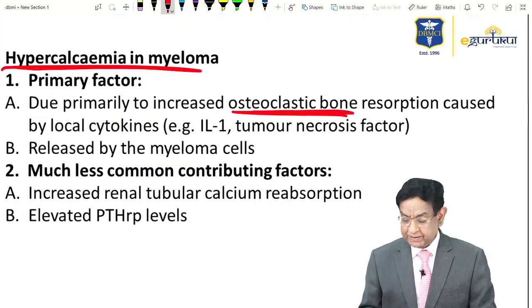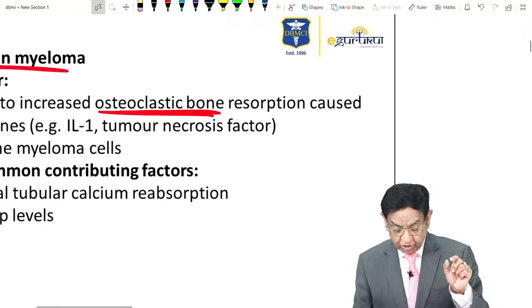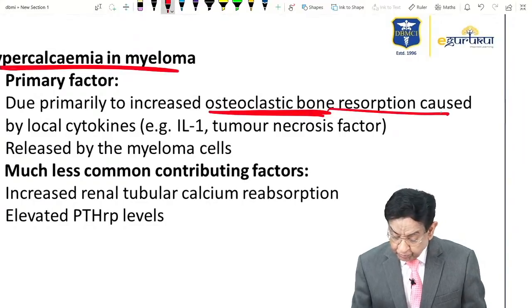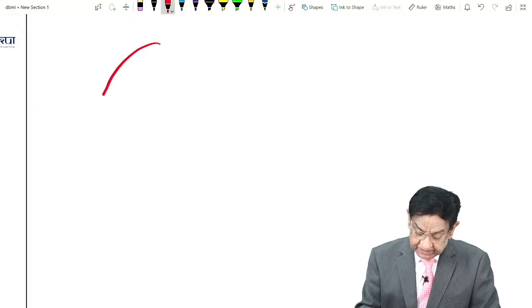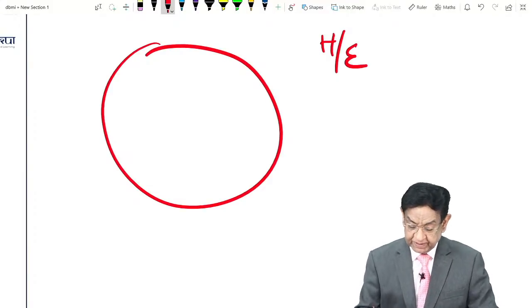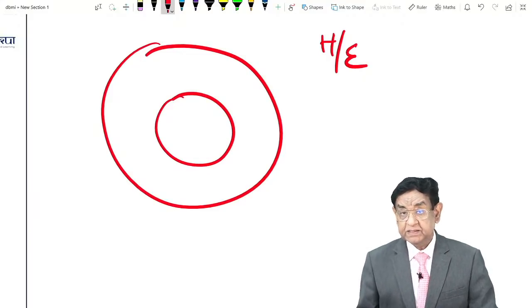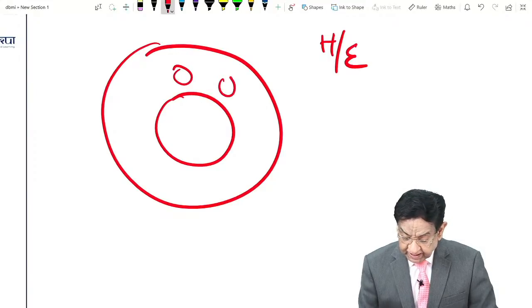So let me go back to the histology of the bone. Now we correlate this osteoclastic activity, which causes the resorption of bone. But what is this osteoclast? Let's go into the histology of the bone. Histological examination of bone, to understand better. We have a central canal in the bone, and around this central canal are lacunae.